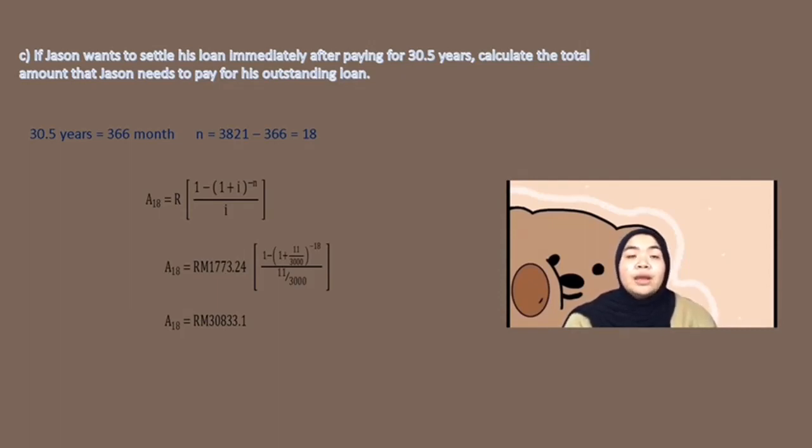So A equals 1,773 ringgit 24 cents bracket 1 minus (1 plus 0.11/3000)... to the power of negative 18, over 0.11/3000 bracket. The answer of A is 30,833 ringgit 60 cents.